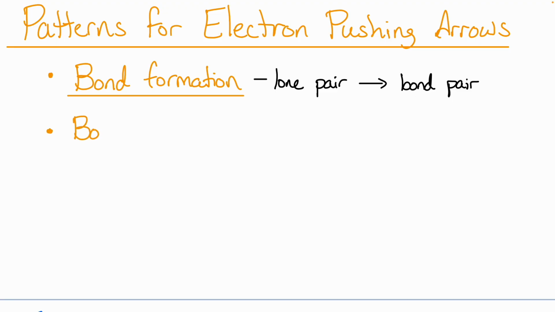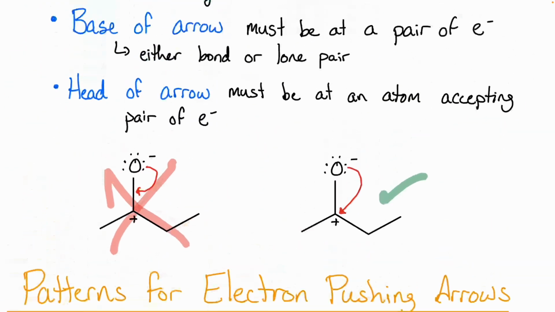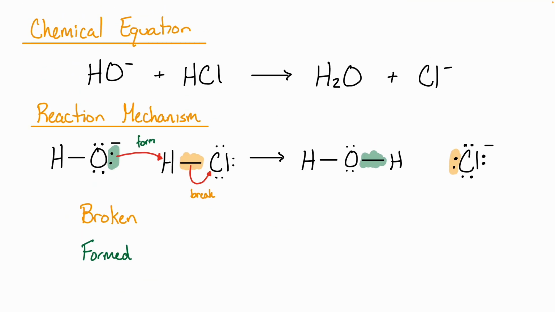All right, we can also see bond breaking arrows. And again, if we go back to our example and we look at this bond breaking arrow, we can see that it starts at a bonding pair of electrons and turns it into a lone pair of electrons.